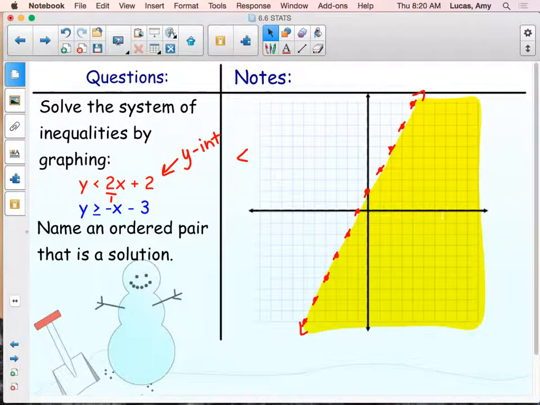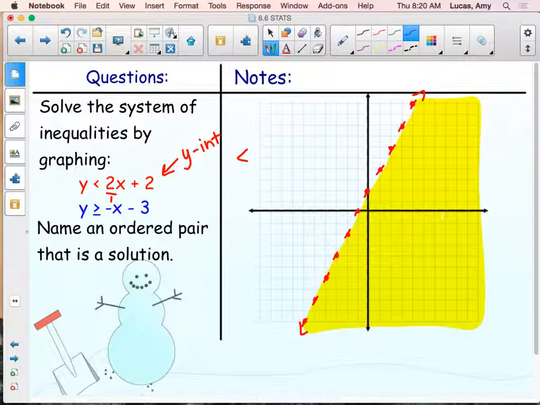Okay, now I'm going to shift to my blue line. So my y-intercept on this one is negative 3. So right here is negative 3. And then my slope on this one, negative 1x. Negative 1x means negative 1 over 1. So down 1 over 1 to the right.